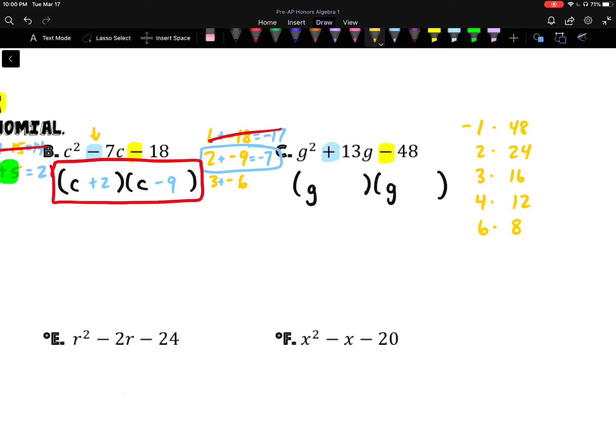Larger number is positive, so make all these smaller numbers negative. And when I go to add, I'm looking for positive 13. So the one that's going to get me to positive 13 is negative 3 and positive 16. So minus 3 plus 16.